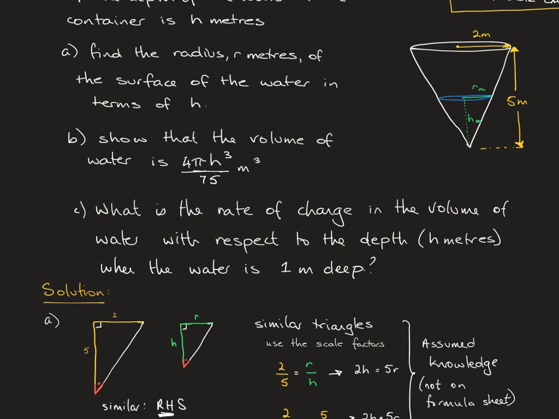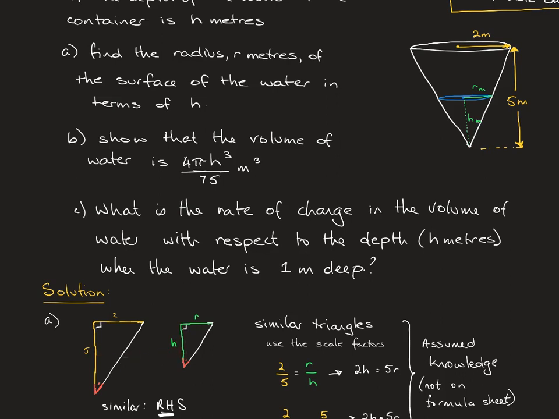So what we can do with our similar triangles is use the scale factor for these two triangles. And the scale factor goes, if we do 2 divided by 5, we will get the same answer as if we did r divided by h, because it's like a blown up version. It's increased by the same amount. We don't need to find the amount that it's increased or decreased. We can just say that this 2 divided by this 5 will be equal to the equivalent side on this one, which is r, divided by the equivalent side on this one, which is h.